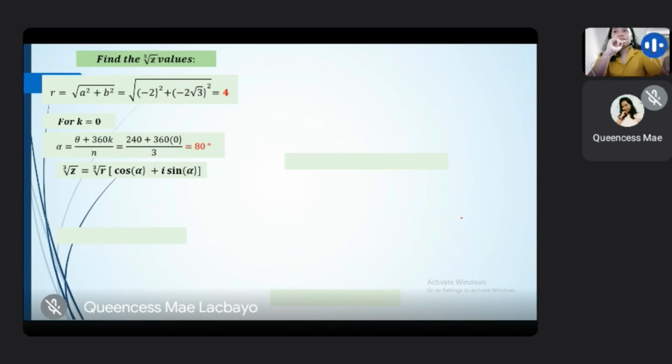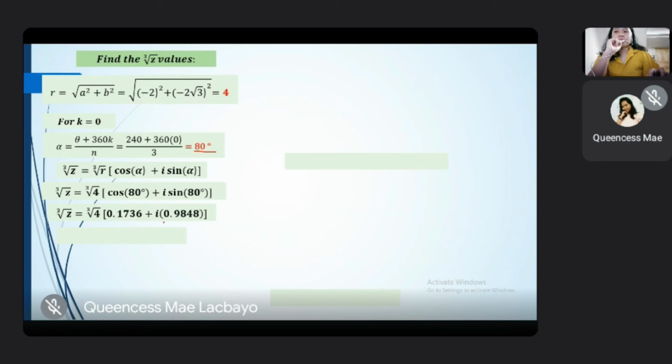Substitute the alpha, which is 80 degrees for k equals 0. Since r is 4, the cube root of 4 bracket cos 80 degrees plus i sine 80 degrees.